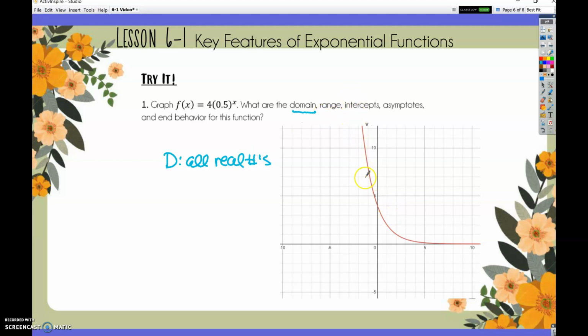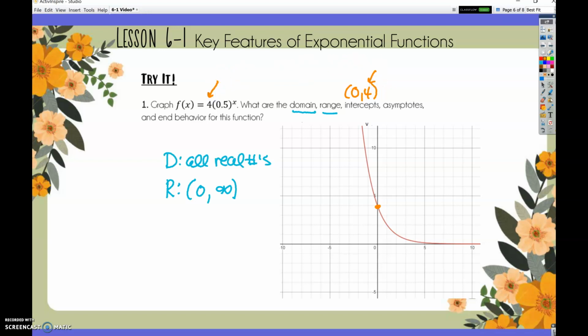The range, how high and how low, this one, of course, is going up forever, but it does stop at 0 again. Our intercepts, where does it cross the x and y axis? See, it's not crossing the x-axis in this case, but it does have a y-intercept of 4. Interesting. Note that 4 there. Wonder why that 4 is there.